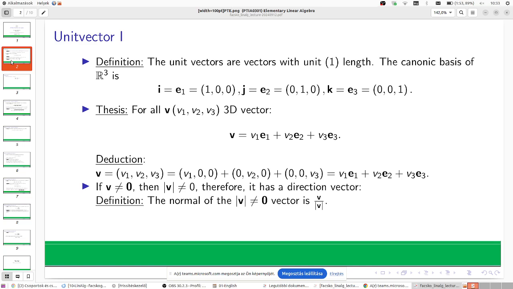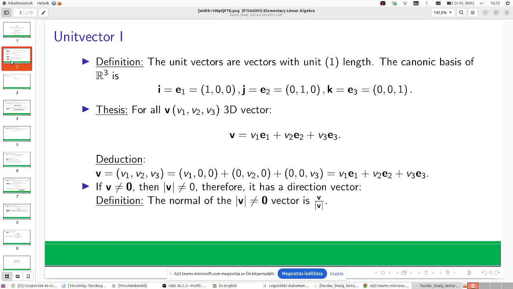They do not need to be perpendicular, but in this case they are perpendicular. Their length is 1, and that's a number.